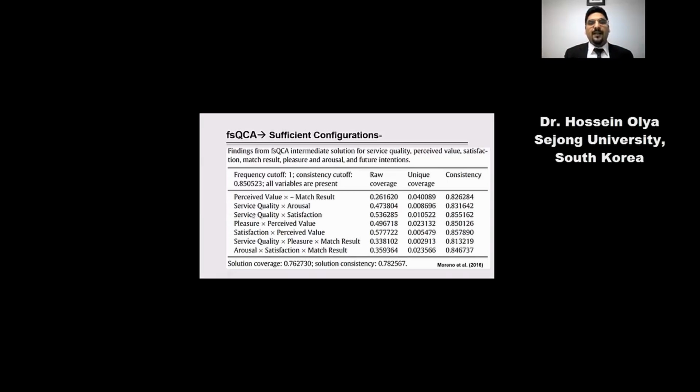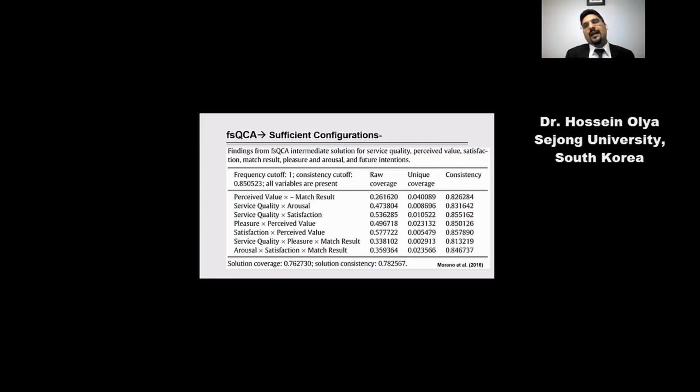For example, the managers know high level of service quality and satisfaction. Then they can set strategies to offer high level of service quality and try to increase the satisfaction of the spectators. So you see that is an informative approach, a pragmatic approach.